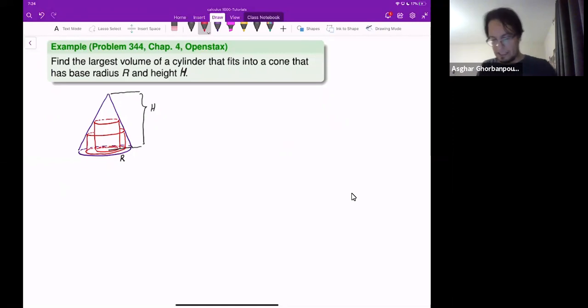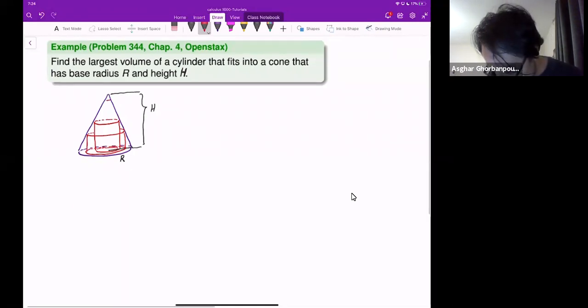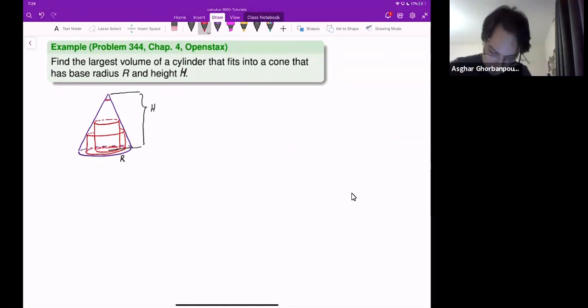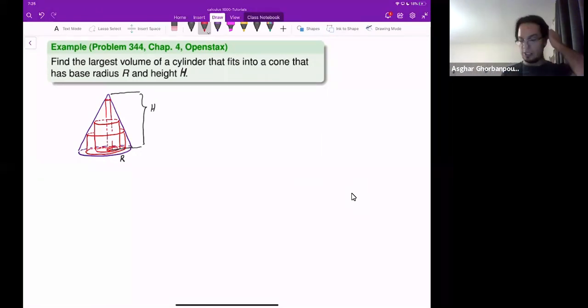Well, obviously, for example, I can fit in this guy here with very high height, but very small area in the base of the circle.